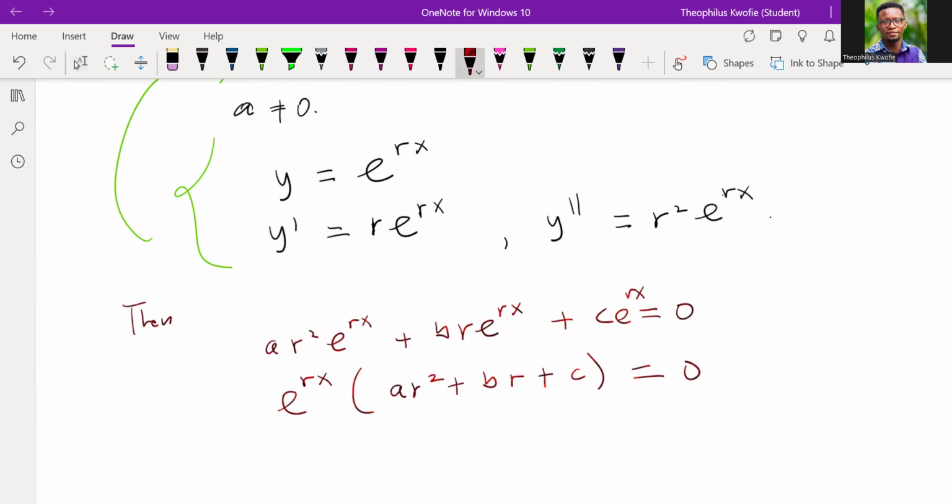So we want to point out that the exponential function can never be 0, but this quadratic expression can be 0.